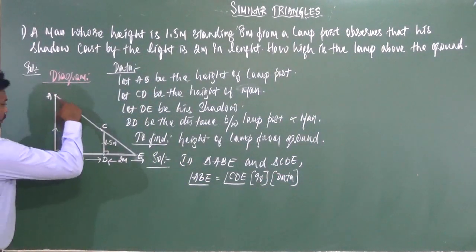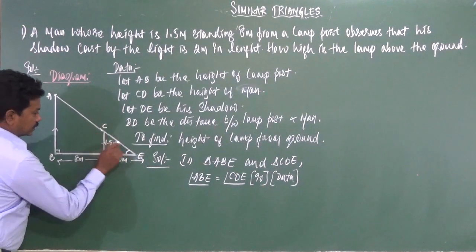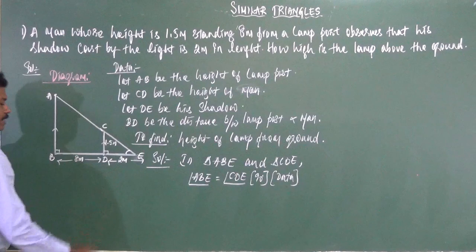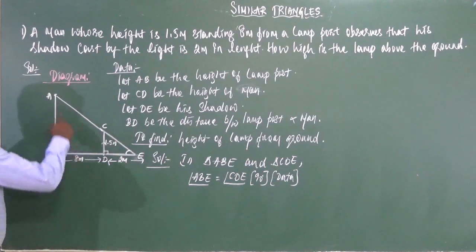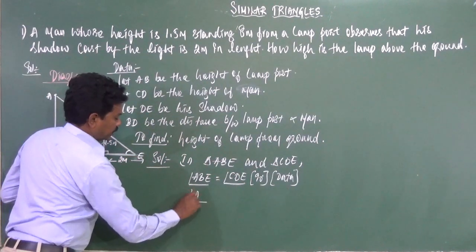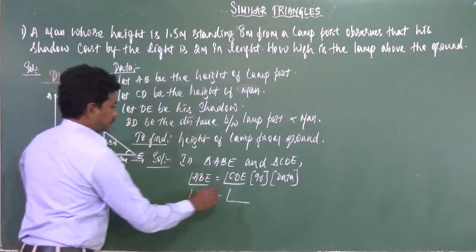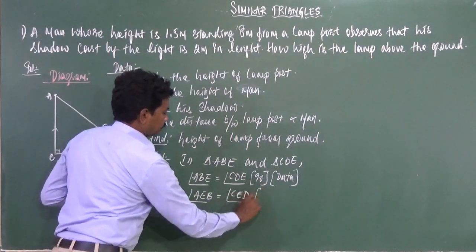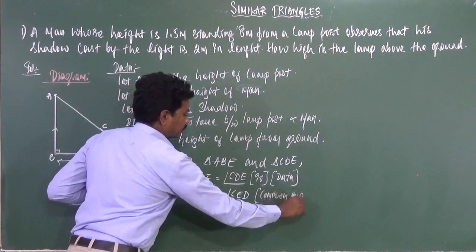Angle AEB, that is this angle, is equal to angle CED, this angle, the same angle, because it's a common angle for both the triangles. So angle AEB is equal to angle CED. Its reason is common angle, right?